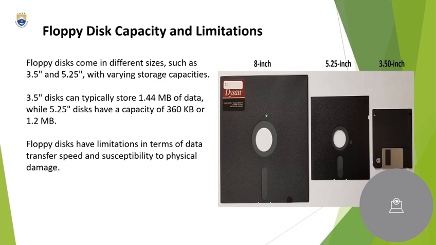Floppy disks have limitations in terms of data transfer speed and susceptibility to physical damage. In these images, we can see an 8 inch floppy disk, a 5.25 inch, and a 3.5 inch. So these are the capacity and limitations.